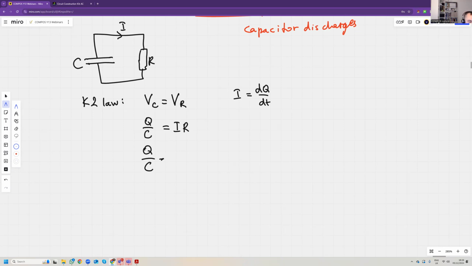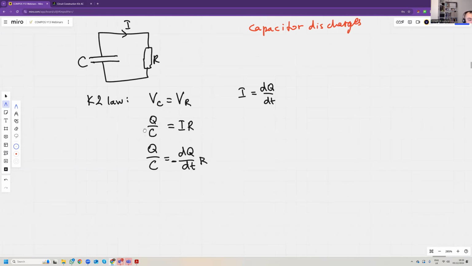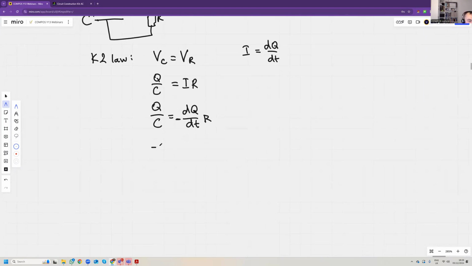So Q over C is equal to dq/dt times R. But the capacitor is discharging, so dq/dt is negative, while Q over C is positive, so we have to use a minus here: minus dq/dt is equal to Q over RC.